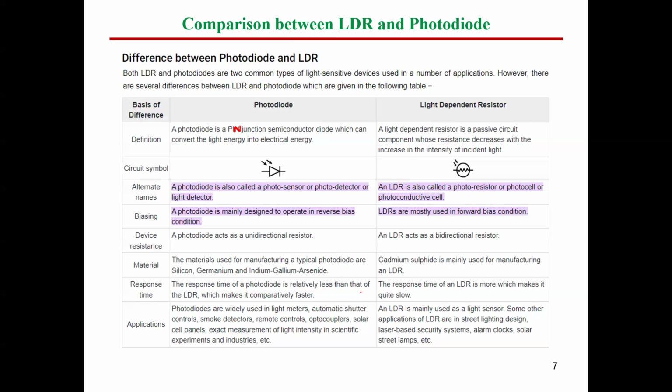Regarding the response time, the photodiode's is relatively less than that of the LDR, which makes it comparatively faster. Why? Because it depends on the flow of electrons in the p-n junction, and this is relatively fast. So for such types of diodes, we have what's called slew rate.